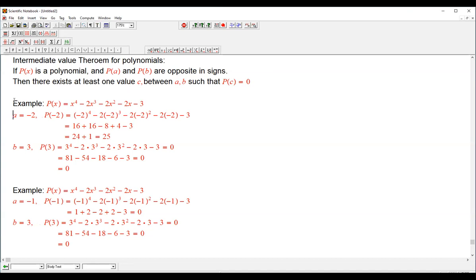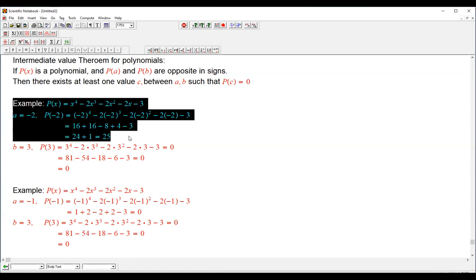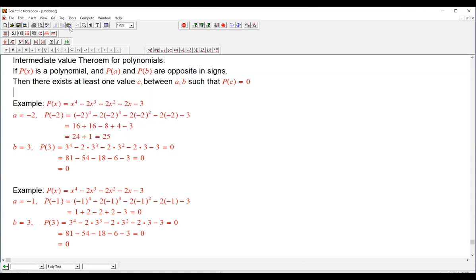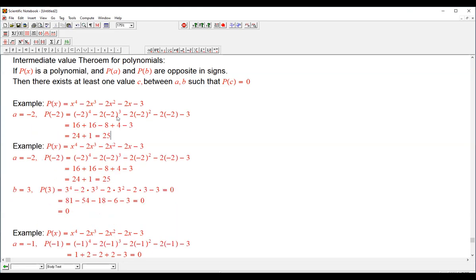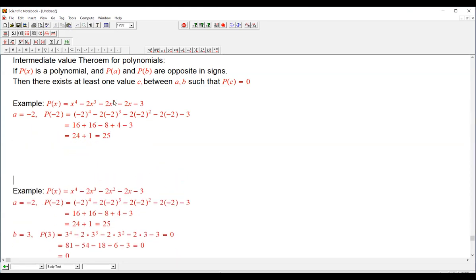So we're going to choose another pair of A, B. What I'm going to do is keep P of -2, which is chosen. For the next example, I'm going to choose this one and put it on the top. But this time I'm going to choose my B equals 0.